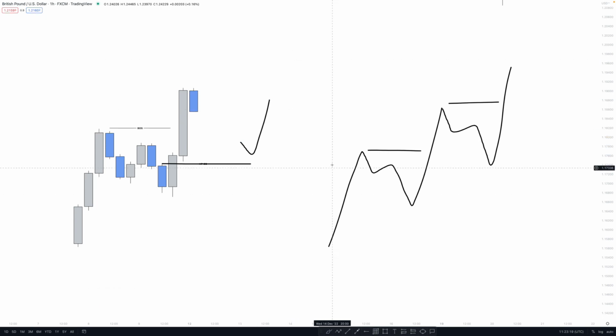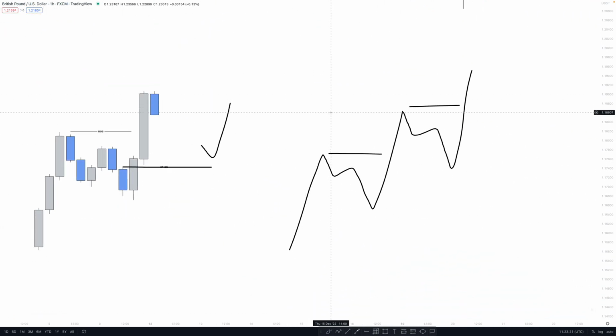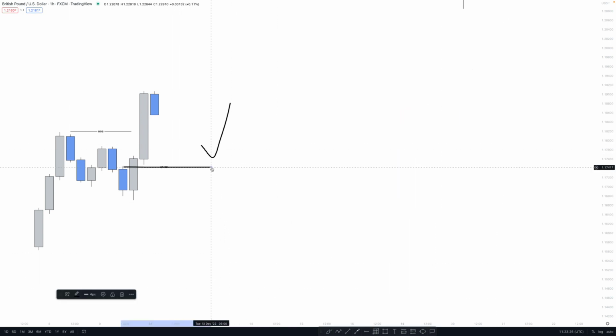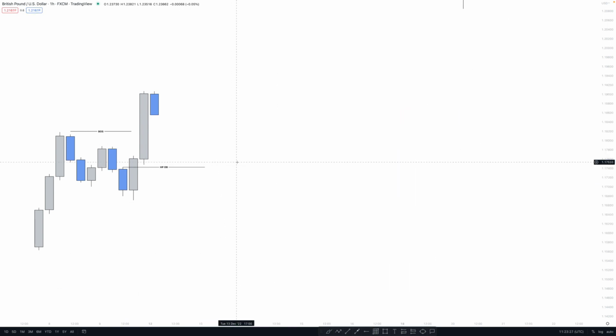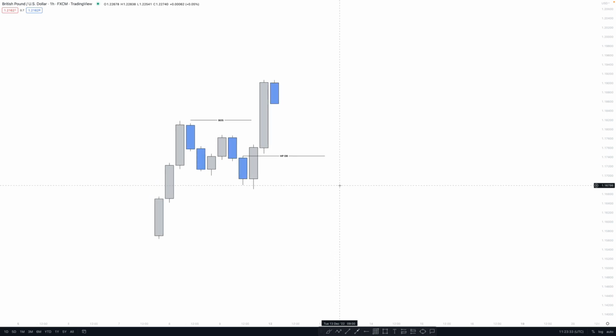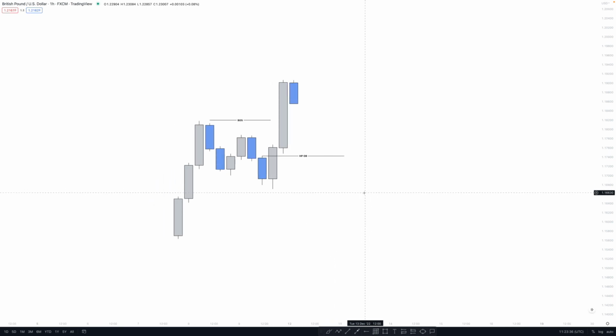Price action is indicating that there is momentum in the market. So if we see a pullback here, this is going to tell us that this trade is high probability.